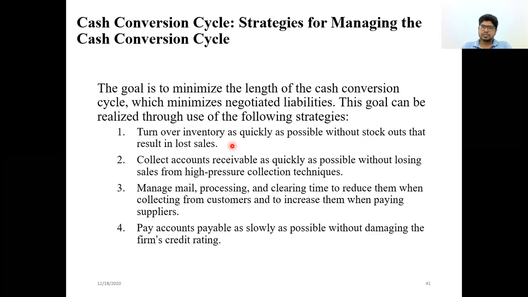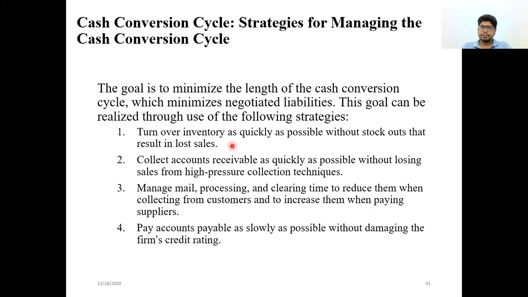Collect accounts receivable as quickly as possible. If you give loans to your customers, you have to get the money back as fast as possible. But if you are too tight, the customers will switch to your competitors, so you have to maintain your customers' reputation.